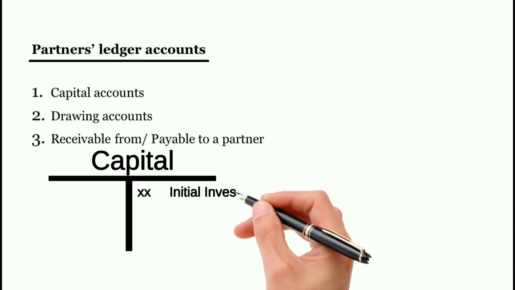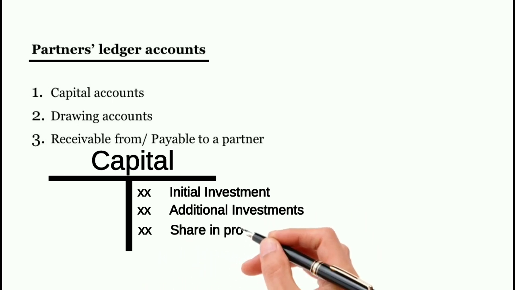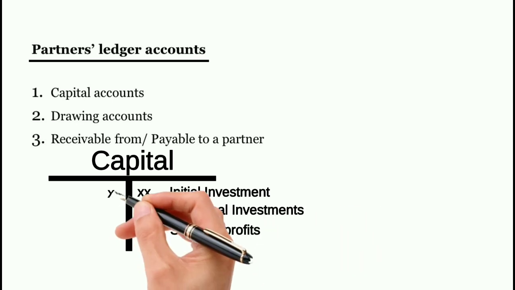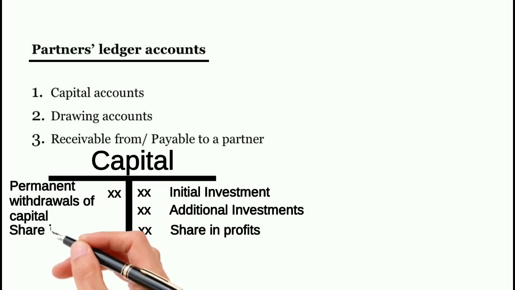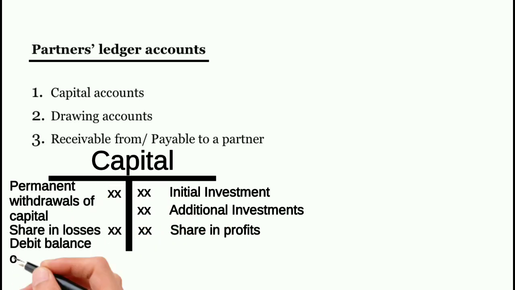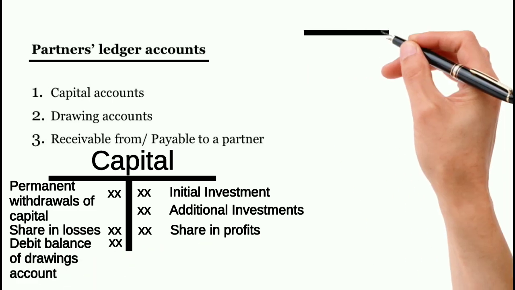Therefore, yung nasa credit side, yan yung mag-i-increase ng capital. At yung mga magdi-decrease ng capital, yun yung mga nasa debit side. Initial investments, additional investments, and share in profits will increase the capital account. While permanent withdrawals of capital, share in losses, and debit balance of drawings account will decrease the capital account.